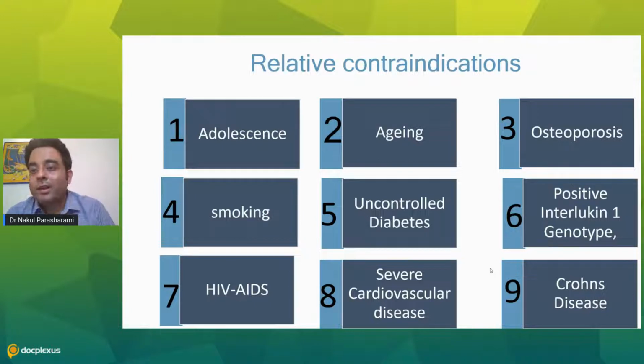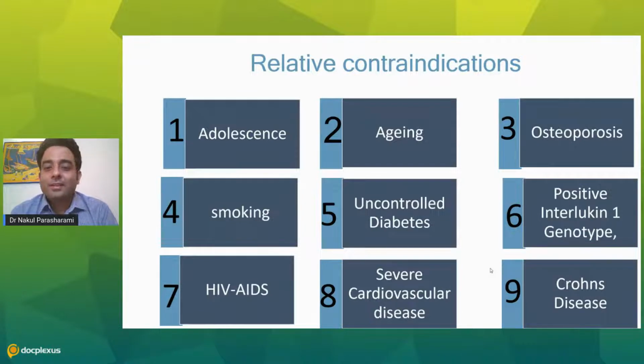Now, positive interleukin 1 genotype has been associated with aggressive periodontitis. This kind of genotype gives an exaggerated inflammatory response to any kind of injury to the tissue. Thus, this can be a relative contraindication when it comes to implant placement.